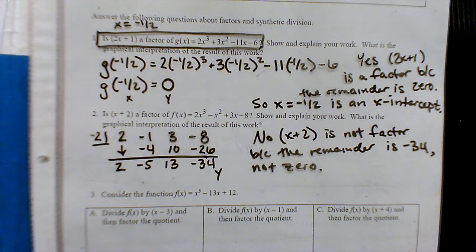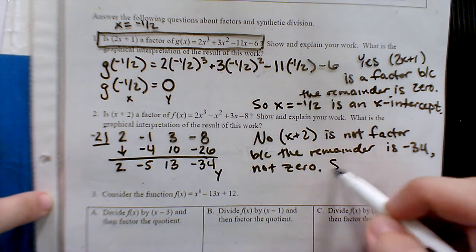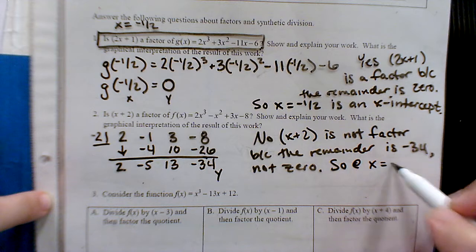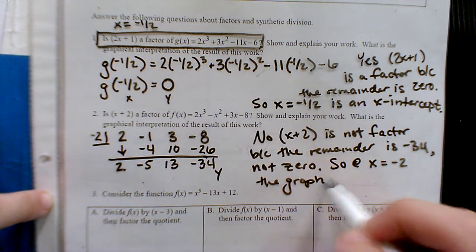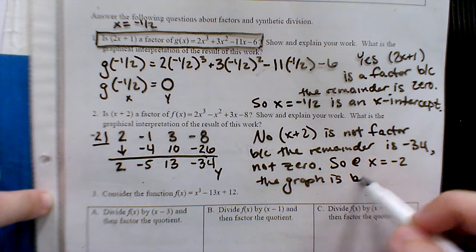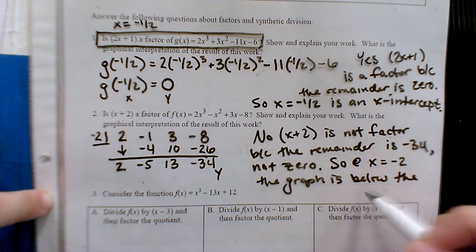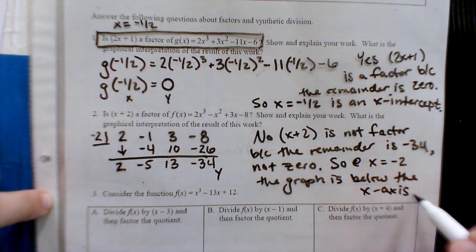A negative y value, where are you? Below the x-axis. Okay, so we can say at the x value of -2, the graph is below the x-axis.